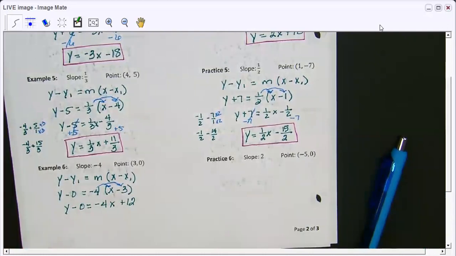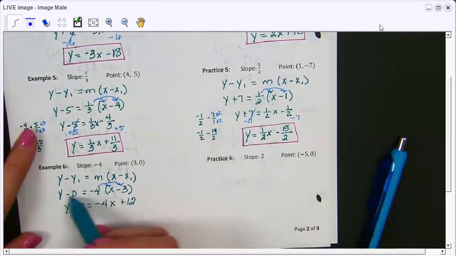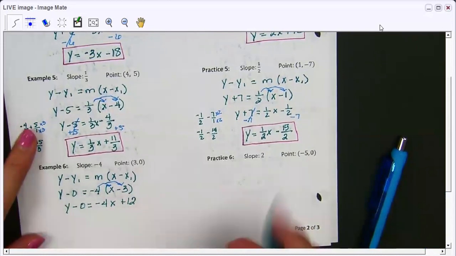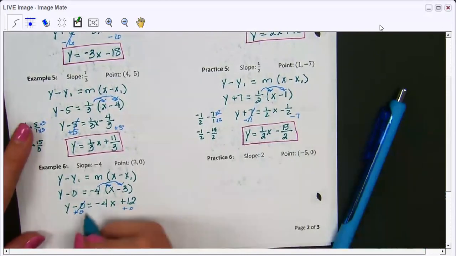And now I'm going to go through this process, but once you understand it, you can totally skip this part right here and get rid of your 0. But when I add 0 to both sides, basically nothing's happening. So we have y equals -4x plus 12.